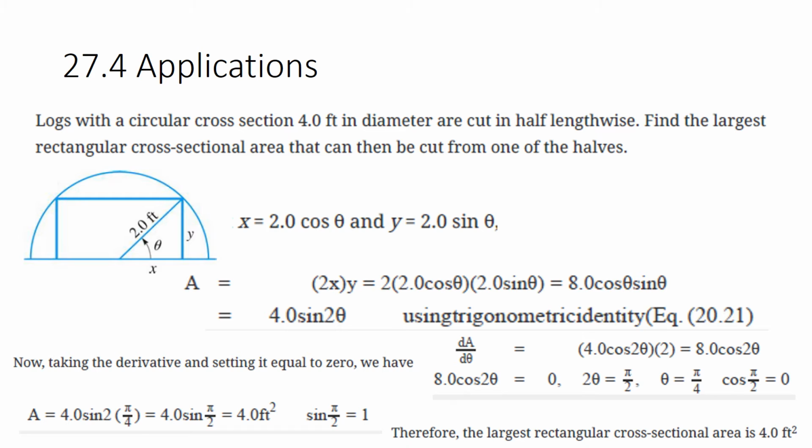The biggest area I can get cutting those beams is 4 square feet. And the sine of 2 times pi over 4, which is pi over 2, is 1. So y is equal to 2 feet, and x is also equal to 2 feet.